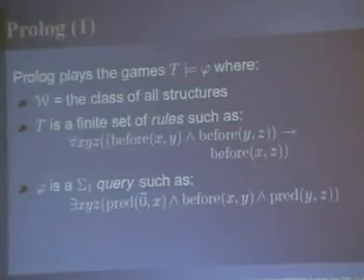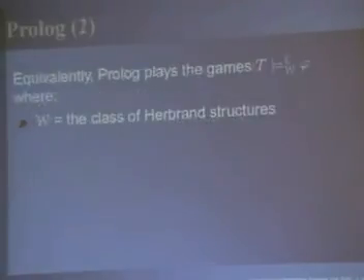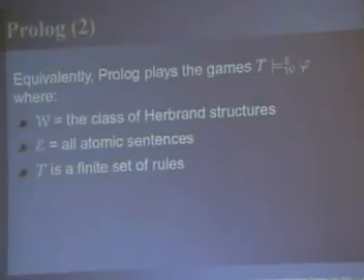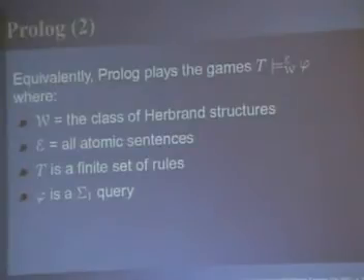In order to win the game, T implies a query, a sigma 1 formula, means that Prolog has to find a sequence of terms that can be substituted for X and yield a formula psi of T substituted by X, which is quantifier-free and follows from T. We're actually interested in this side effect. We pretend that we don't know whether T implies the query, but we know that it does, and we're interested in the result of this computation. And we'll see that it will be the same for Which Prolog. It will also be a side effect.